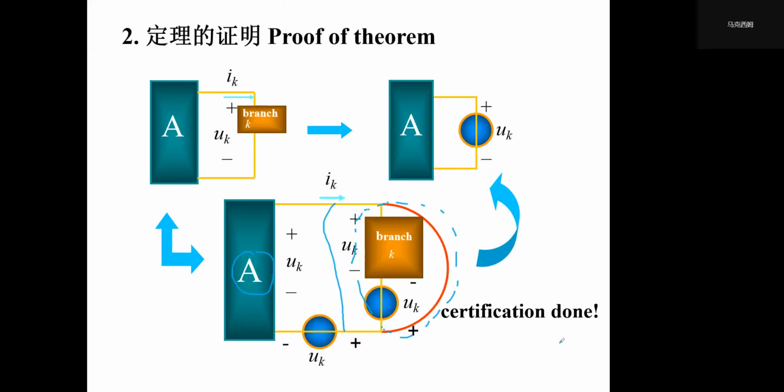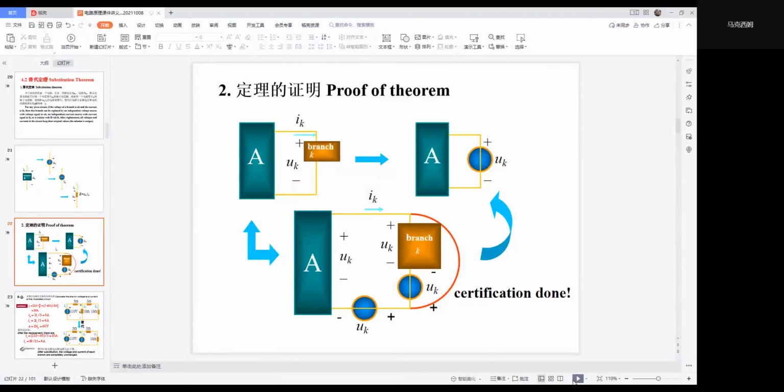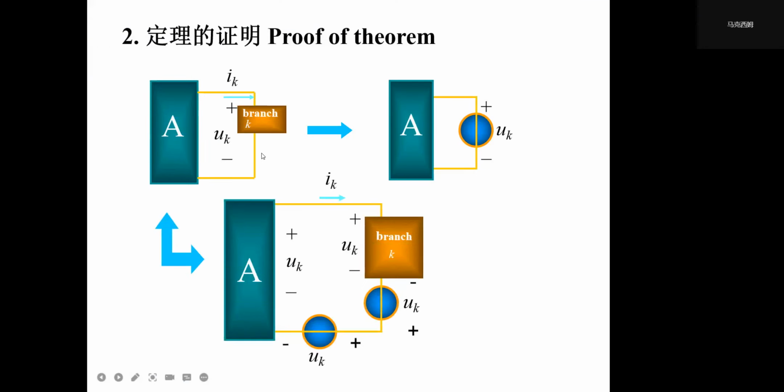So which means that, are you following? Let's see if we have a branch like this, okay? And we put a current source and a voltage source head to head.